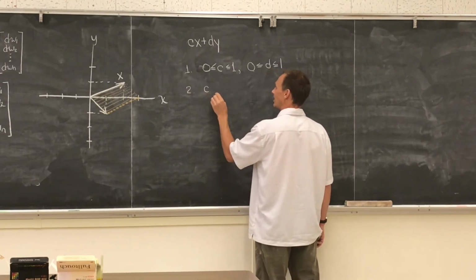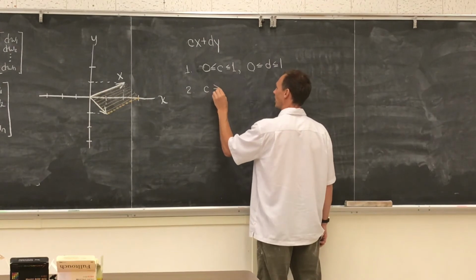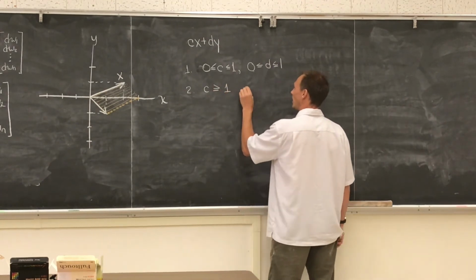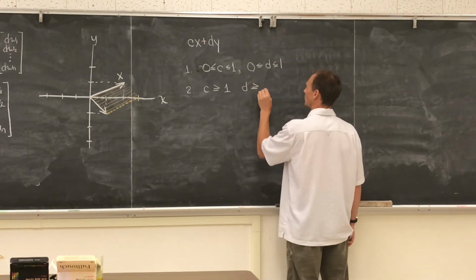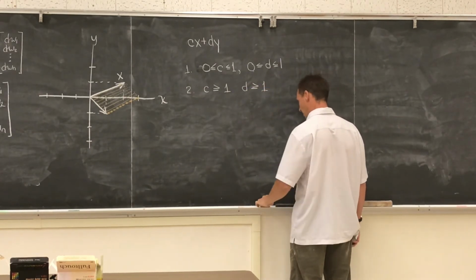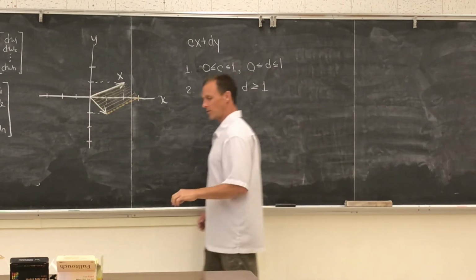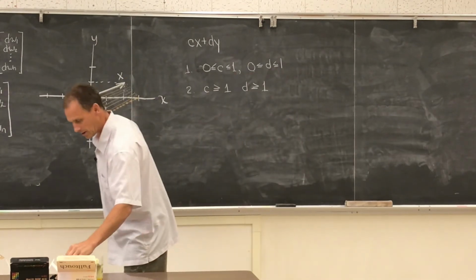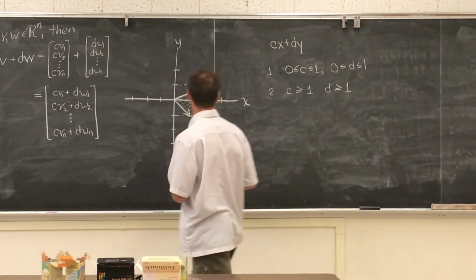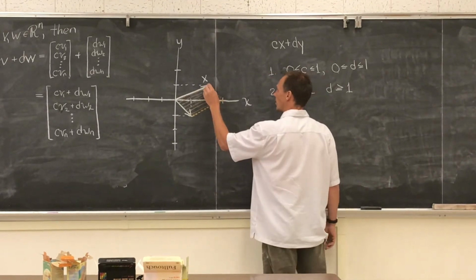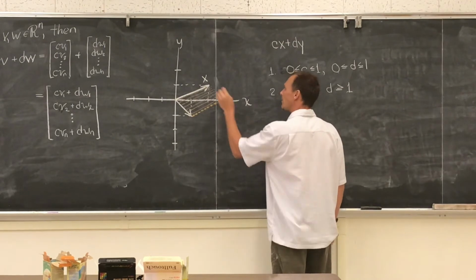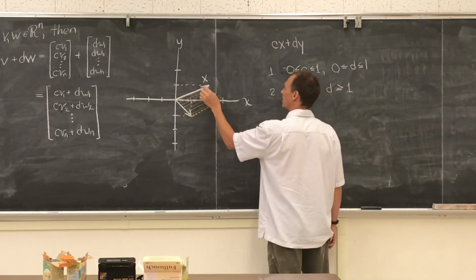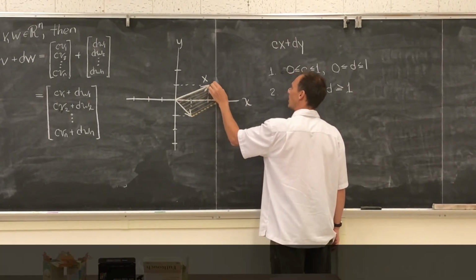when c is greater than or equal to 1, and d is, well, we probably just need greater, but we'll just do greater than or equal to 1. Let's try this in our green. Again, when c and d are 1, we start right here. But what happens this time if c makes the vector x longer?